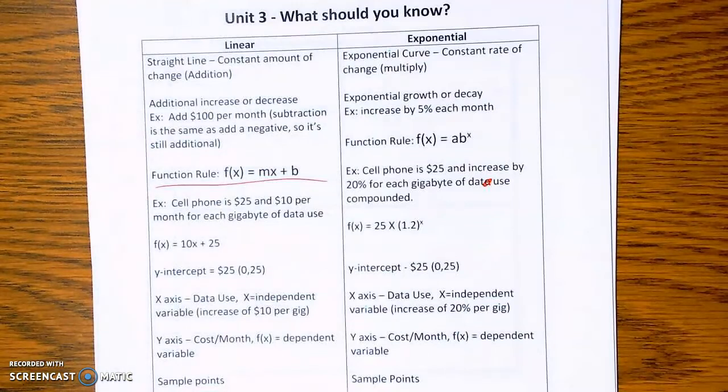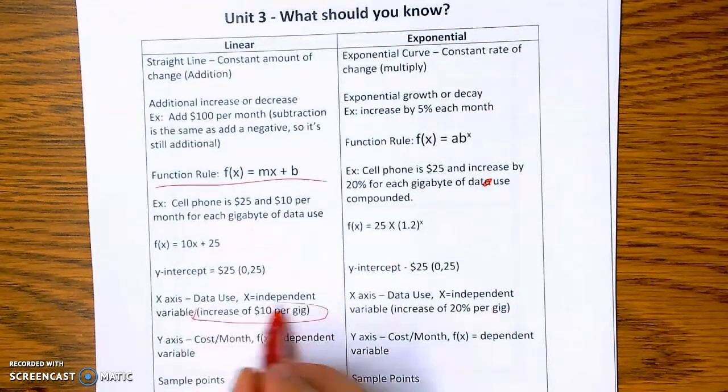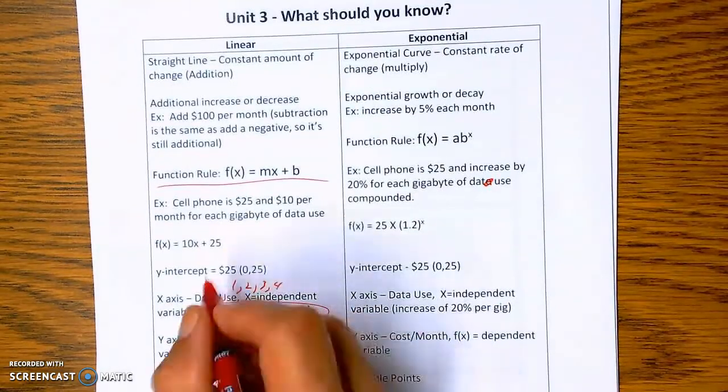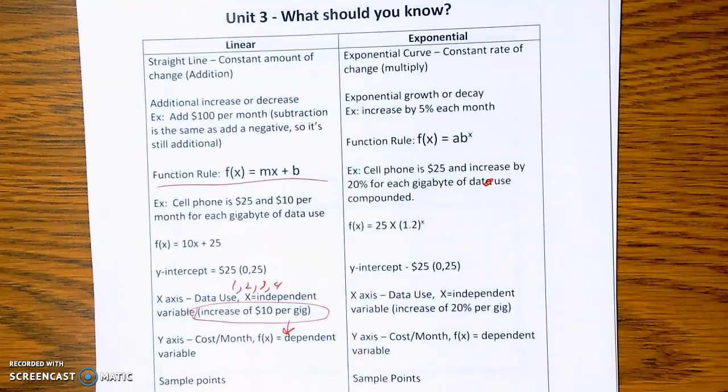The y-axis is going to be the cost per month, and that's going to be your dependent variable. This will just be 1, 2, 3, 4 months. It represents the data used per month, the gigabytes, so we know how much to charge for that month.